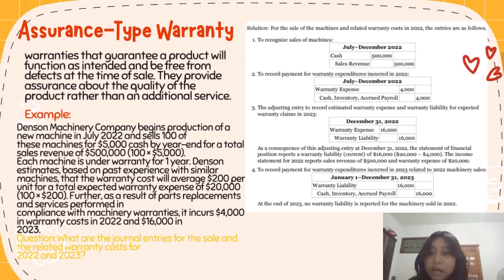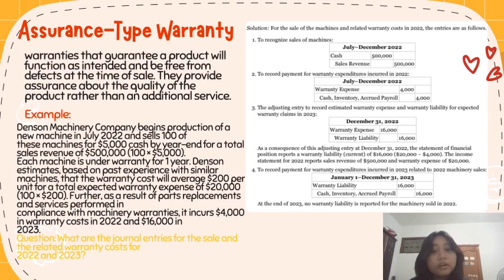Then Denson estimates, based on past experience with similar machines, that the warranty cost will average $200 per unit, for a total expected warranty expense of $20,000. So we multiply 100 by $200.